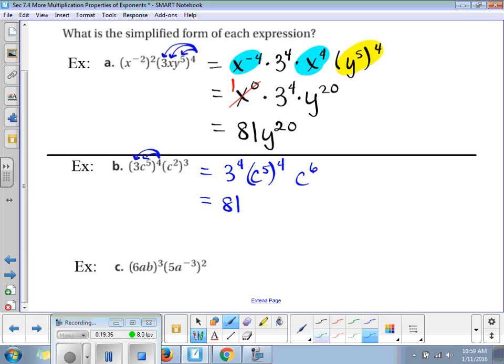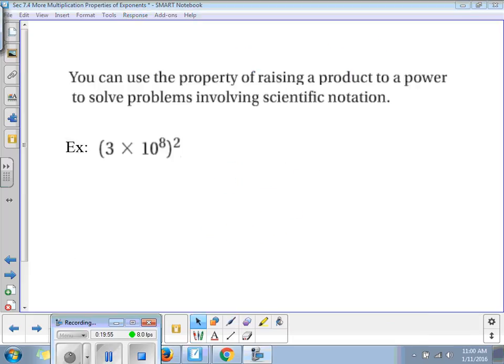So we're going to have c to the 20th times c to the 6th. And now I have a power times a power. What do I do to the exponent? You add them. So this is going to be 81c to the 26th power.